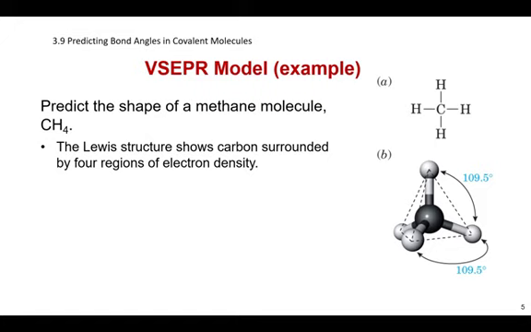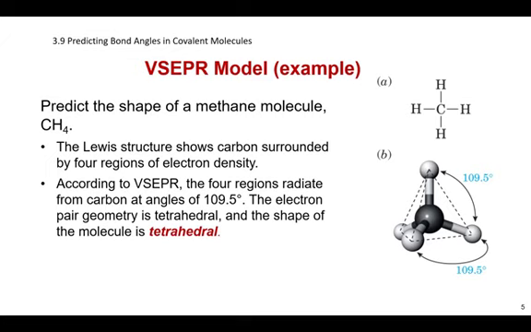The angle is 109 because four things distributed in space form an angle of 109. What is the angle between carbon and hydrogen in methane? 109, the tetrahedral angle. That's valence shell electron repulsion theory.